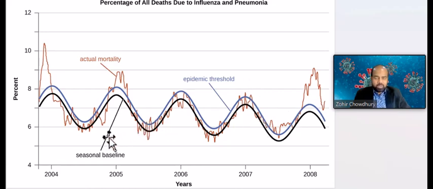As this graph shows, pneumonia and influenza-related mortality saw pronounced epidemic during the winters of 2003, right here, and early 2004, then again in 2005, and then finally in 2008. So in each of these cases, there would be epidemics.